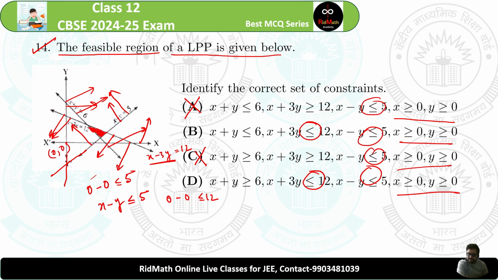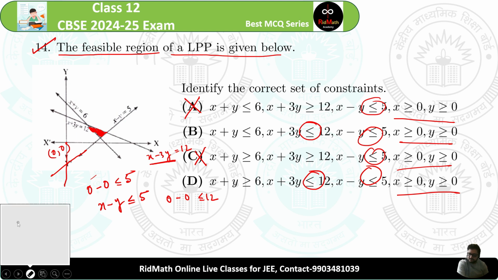So this is x plus y. Okay, for x plus y, I am removing all the extra lines. Now this is x plus y, this line, so it is upwards.